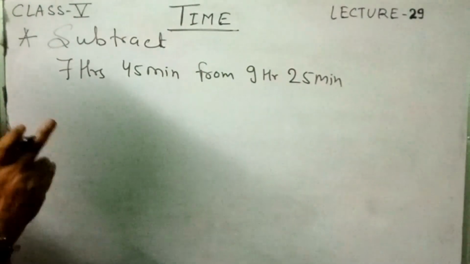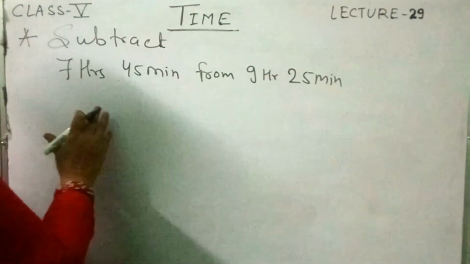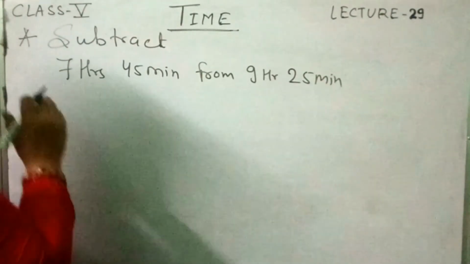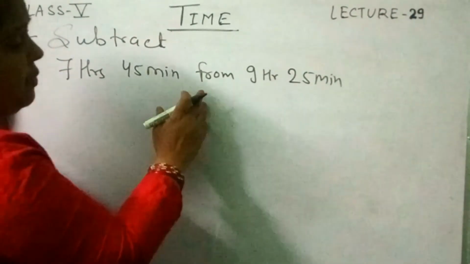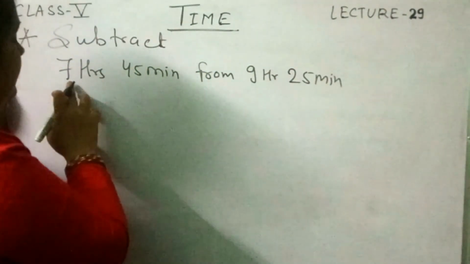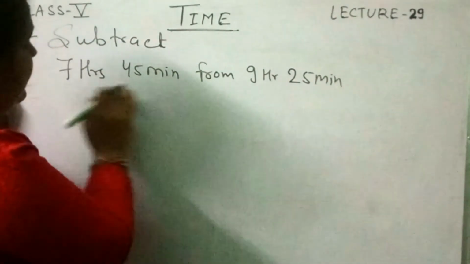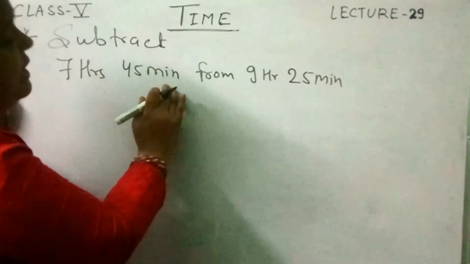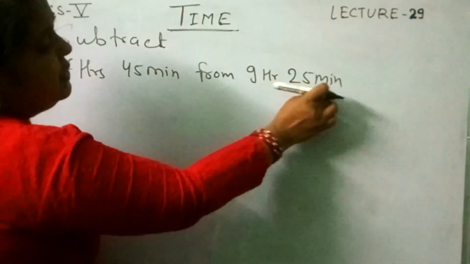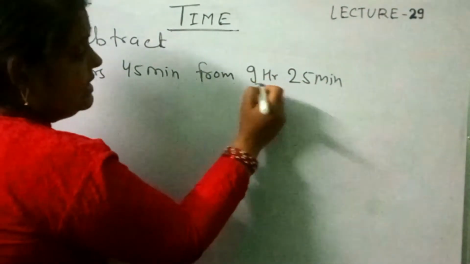So first work is here, we have to arrange the numbers. We have to write the numbers in subtraction form. So what is written after the from? First you write that number.